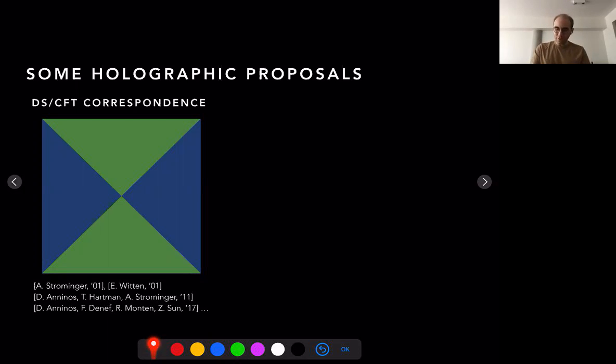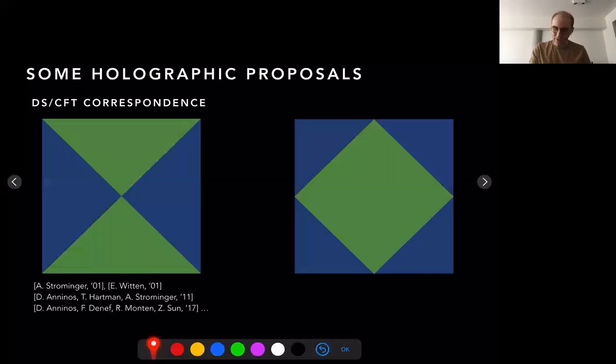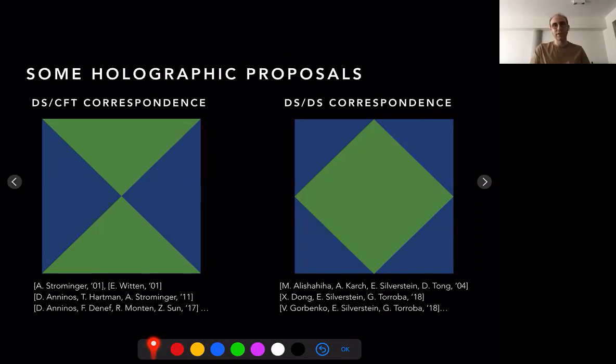I will be doing something different, but let me just give some other proposal that goes under the name of dS/dS correspondence. And this is a bit more intricate. It takes de Sitter in dS slices, and then de Sitter in D dimensions would be dual to some CFT in dS_{D-1}.